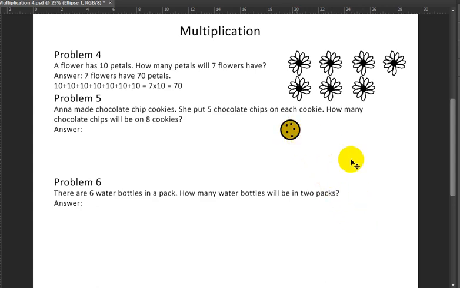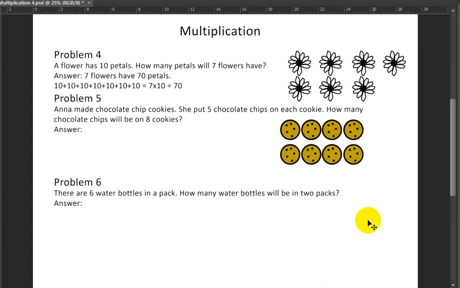Yeah, that looks like a chocolate chip cookie. And we have, how many? We have 8 of them. So that's 2, 3, 4, and then let's just make 4 more. There we go, 8 chocolate chip cookies with 5 chocolate chips on each of them. All right.